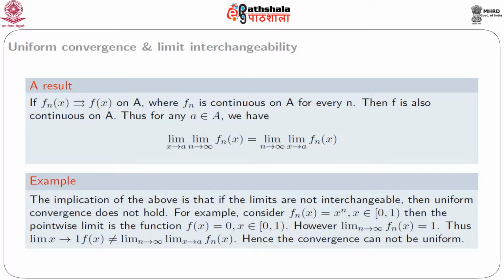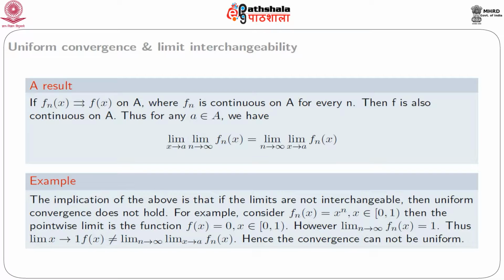For example, consider f_n(x) equal to x to the power n, with x ranging from 0 to 1, where the point 0 is included. Then the pointwise limit of the sequence of functions is f(x), which is 0 for every x in [0,1), while the limit of f_n(x) equals 1 when x equals 1.